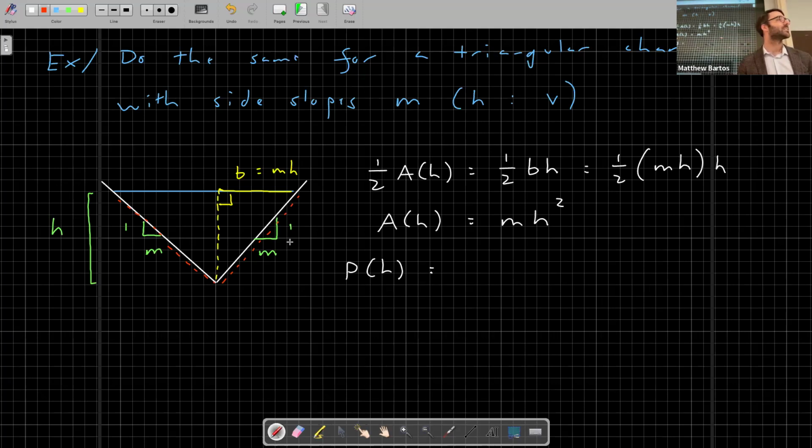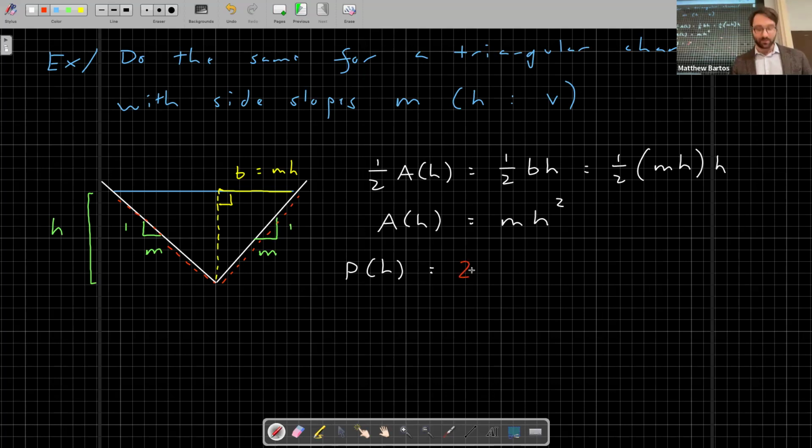Tangent. So we don't know the angle explicitly. We could go that route, but there's an easier way. Very good. So it's the hypotenuse of this right triangle. So the one leg is h, the other leg is mh. So we can take the square root of h squared plus mh squared.